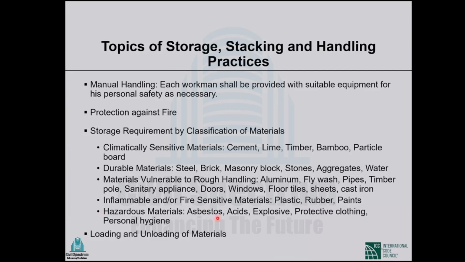And hazardous materials, materials that can cause health hazards like acids or explosives. Those hazardous materials are classified into different classes. How to store the sensitive, hazardous or inflammable materials, details are there in this chapter.